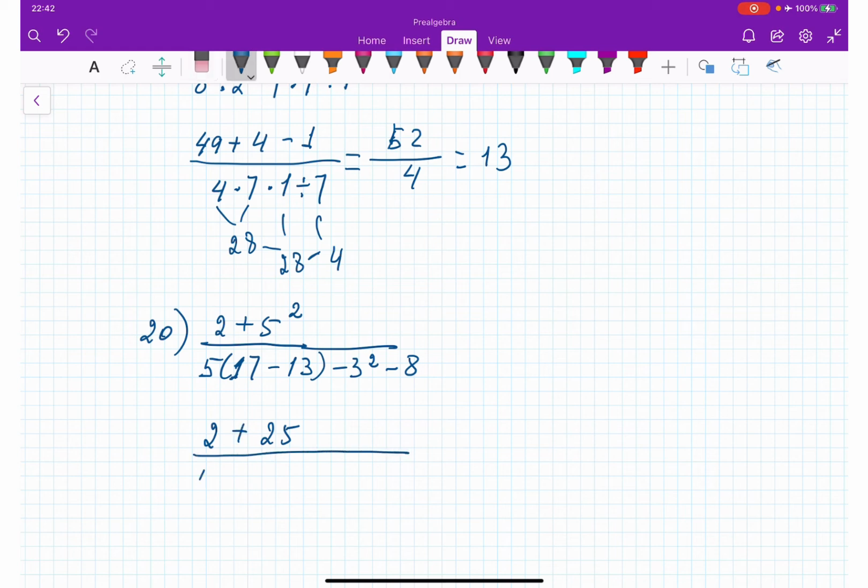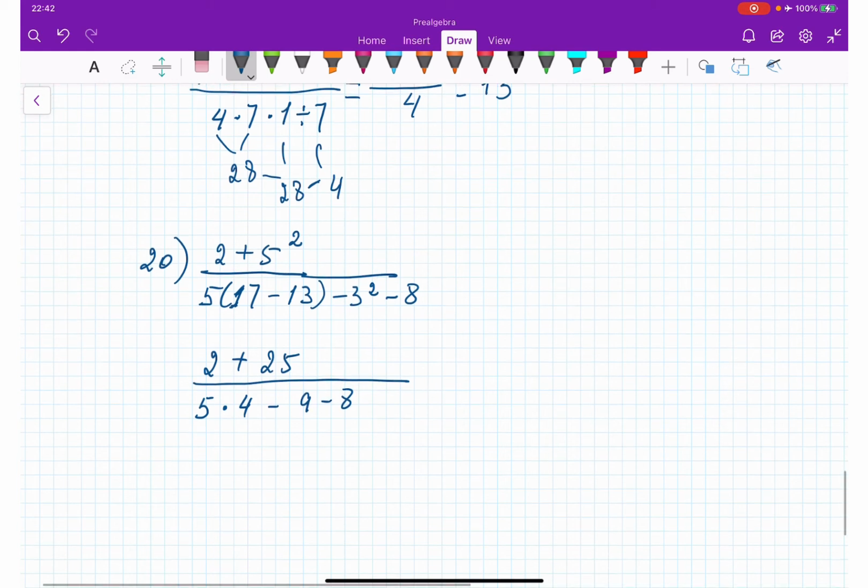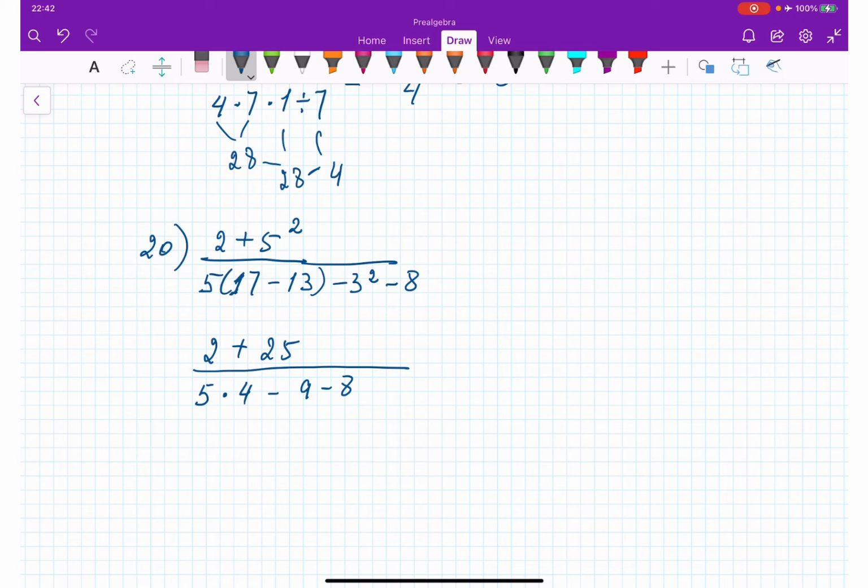Next, 5 times. I have to take care of parentheses. 17 minus 13, it's going to be 4, right? Minus 3 squared. Well, I can take care of 3 squared, also put 9. And minus 8. Okay, from here, 2 plus 25 is 27. 5 times the 4, it's going to be 20.